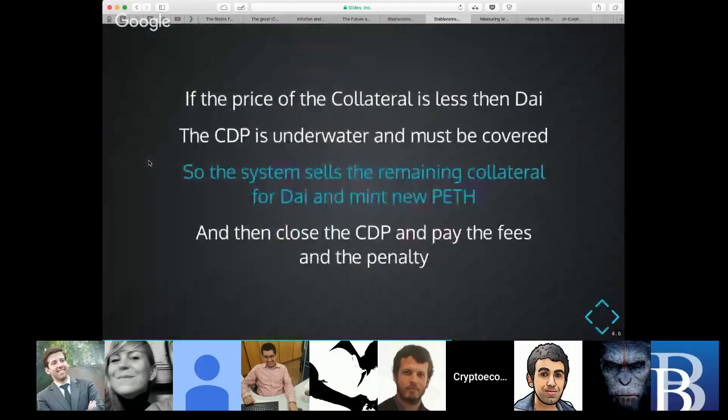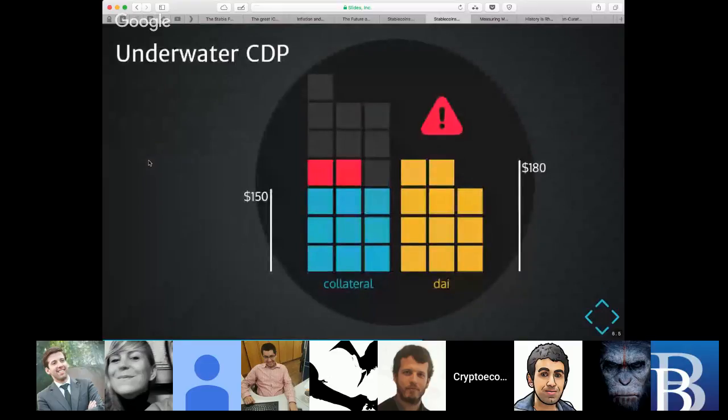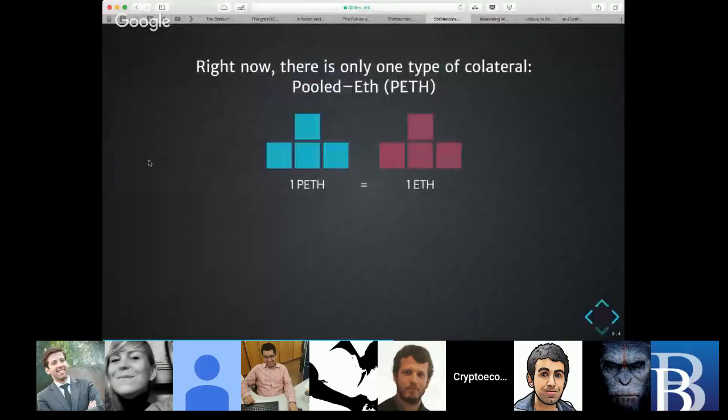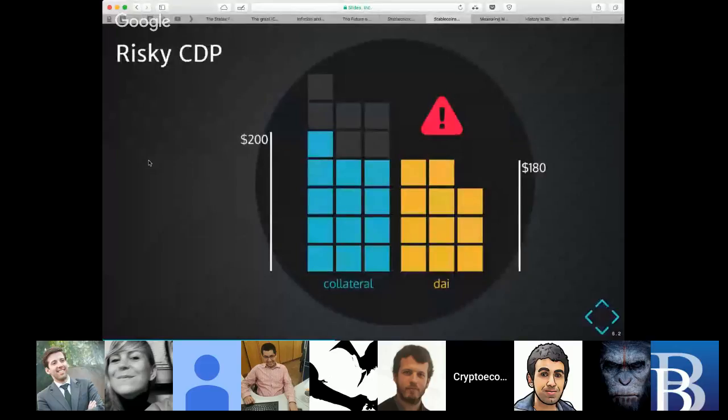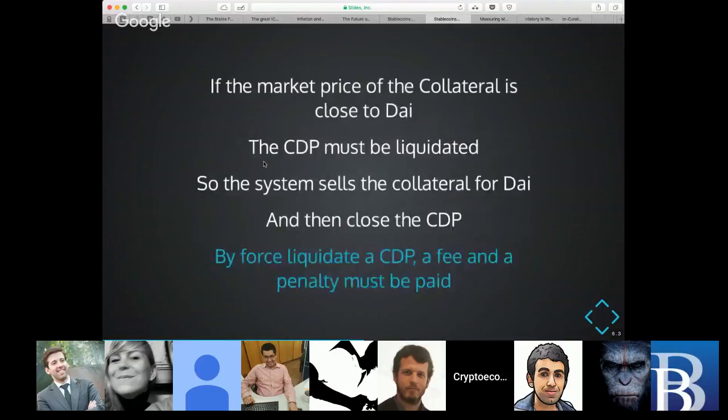If you are in the situation of a risky CDP, so you are a financier and you forget about your CDP and the price of Ether is going down, and it reaches that very dangerous situation for the system, then your CDP will be liquidated.